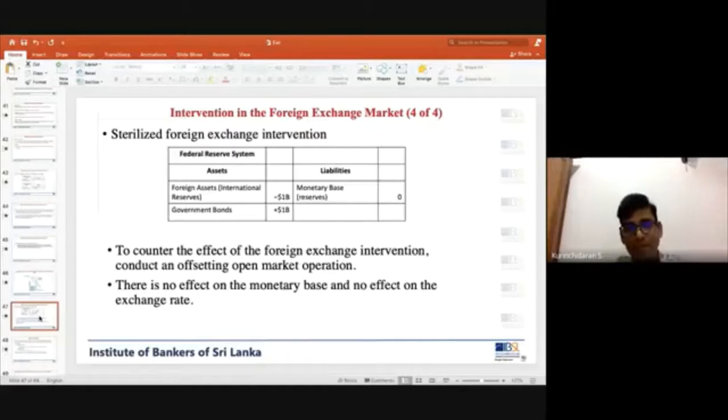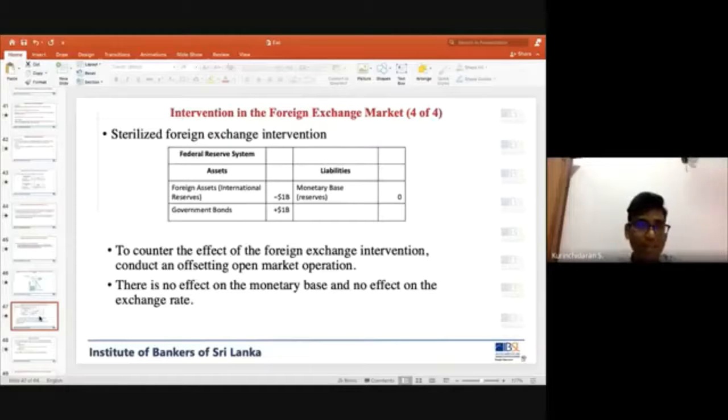When the money supply changes, that will affect other economic variables, macroeconomic variables. So let's assume the central bank wants to do this intervention without affecting the money supply. What can they do? There can be two legs.